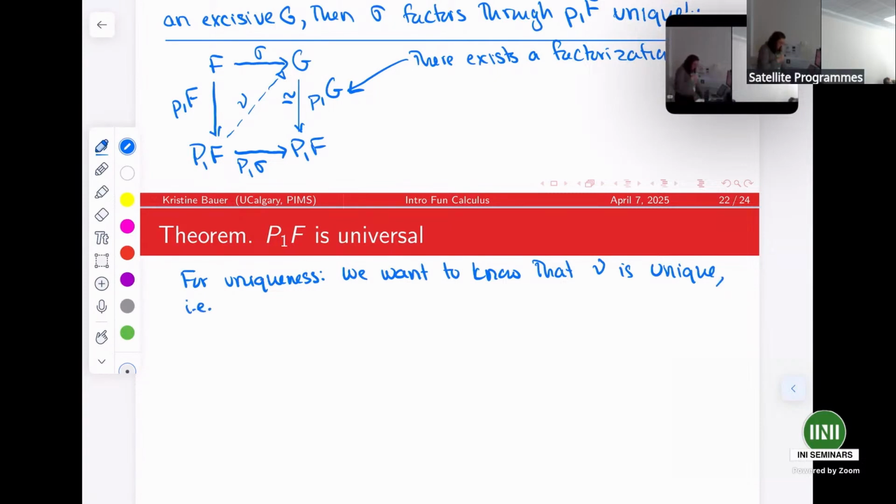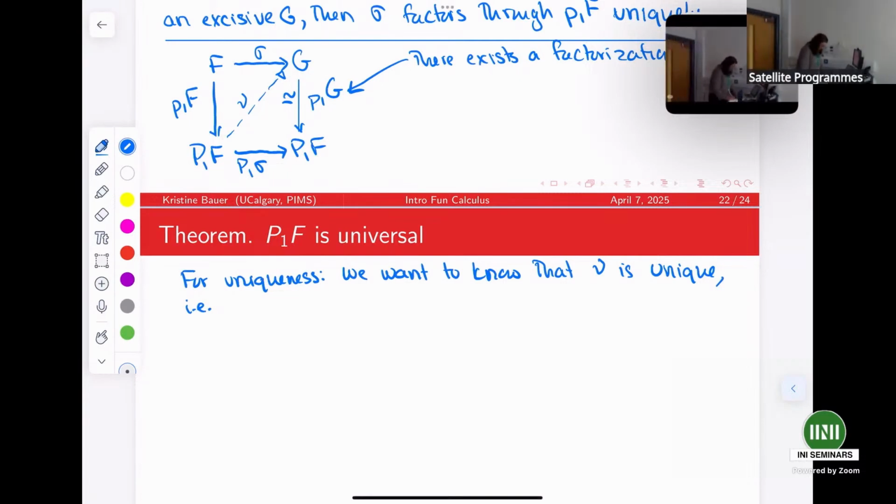What I want to know is that new is completely determined by tau, I didn't call it tau here. I want to make sure that it is determined by this composition, which is called sigma. There we go. I called it tau in my notes.